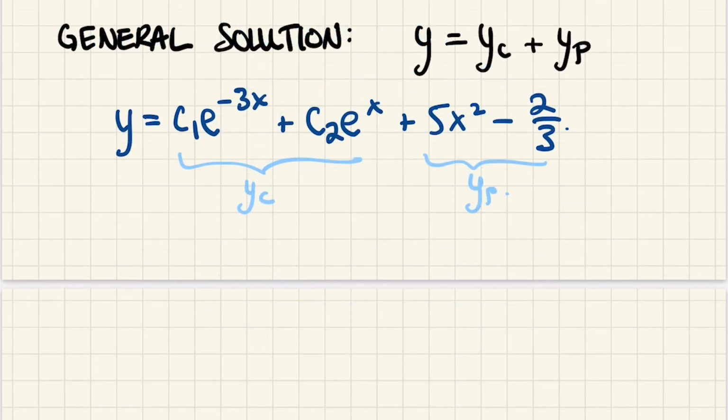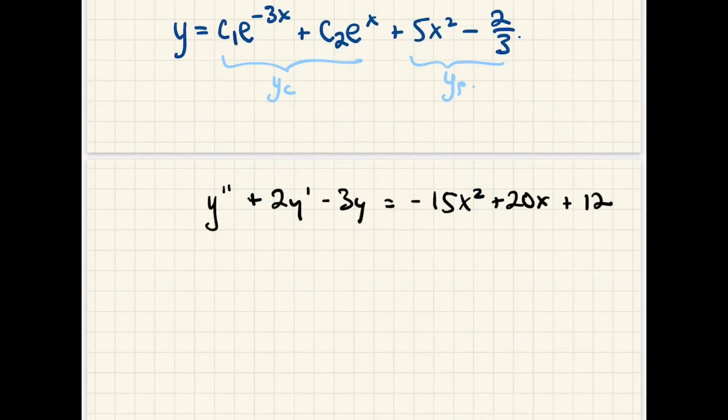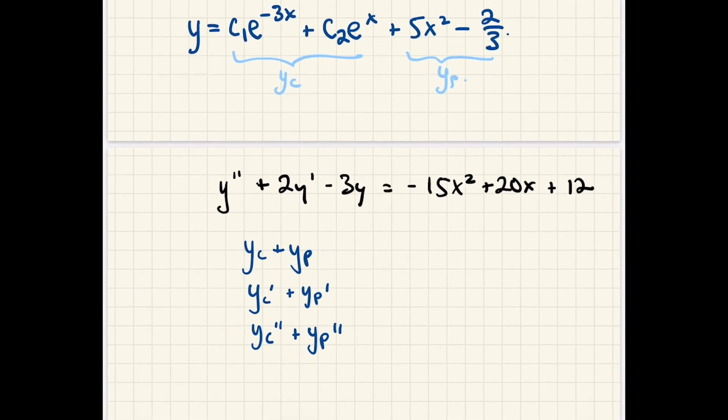Let me give a quick sketch for why we can accept that this method actually works without fully proving it. So here's the original differential equation. Now we claim that yc plus yp is a solution. So, okay, well, the first derivative is yc prime plus yp prime, and the second derivative is yc double prime plus yp double prime, because that's just how derivatives work.